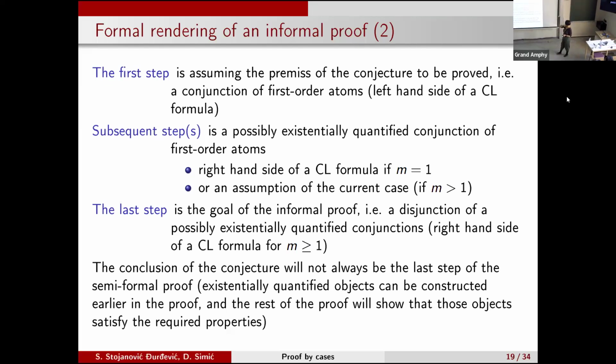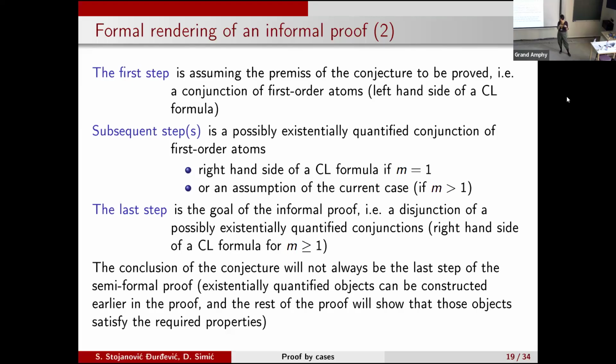Also, we need to stress, and this is something noticeable if you remember geometry textbook proofs, that sometimes when you need to construct a certain object, the construction of such an object will almost never be at the end of the proof. You will have some objects and some assumptions, then you will introduce, let's say, the desired object.